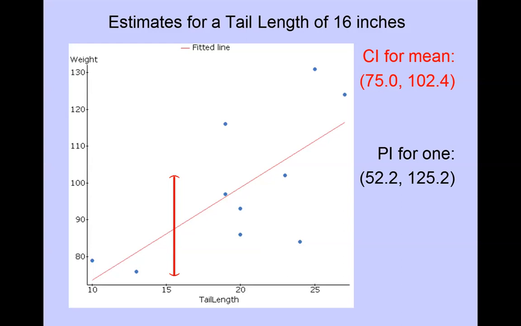Now the PI for one wolf, there's a lot more variability in the weight of a single animal than the mean of many animals, so this is going to be much more spread out. It ranges from 52.2 up to 125.2. So it might look like this. Notice that the prediction interval is much more spread out than the confidence interval.